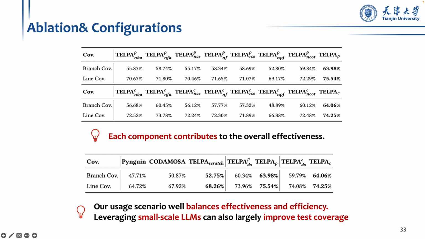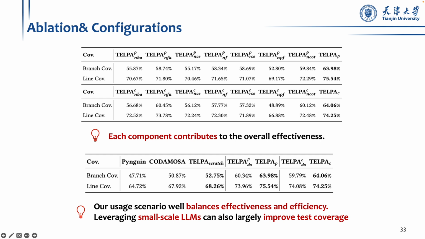Finally, we investigated how the adoption of preceding test generation tools and LLMs impacts the performance. We constructed another two variants. In the first variant, TELPA-Scratch, no preceding test generation tool is used. And in the second variant, we replace the default CodeLlama v2 with a relatively small-scale LLM, DeepSeek Coder 6.7b instruct.